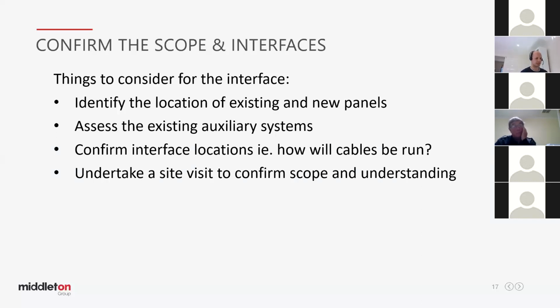But that site visit is really a crucial step, because when you undertake the site visit, you're looking at your DC distribution panel, and this often happens, you might look at the drawing and say, right, we've got 3 MCBs free. That's excellent. We're going to use 2 for our transformer, and we'll have 1 for our circuit breaker management scheme. And for the other circuit breaker management schemes, we might use a different distribution panel. But then when we go to site, we might look at that panel and go, oh, actually there's none available.